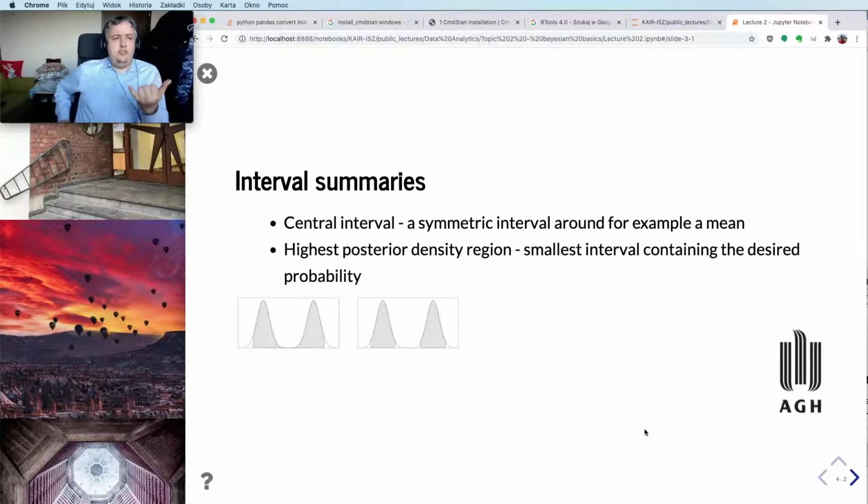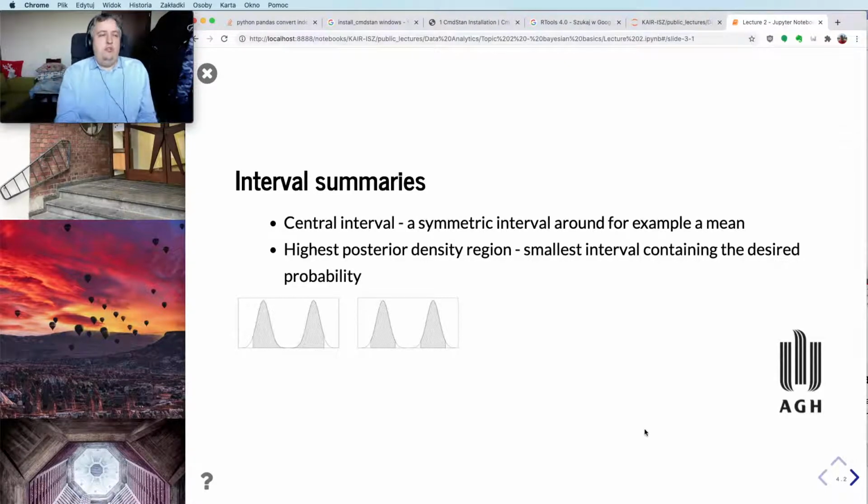So we want to know what are the two values that contain the median and symmetrically represent the 95%. And you get those values. You compute them numerically from the obtained probability distribution. Or you can use the highest posterior density region. So you can find the smallest interval that contains, for example, 89% of probability.